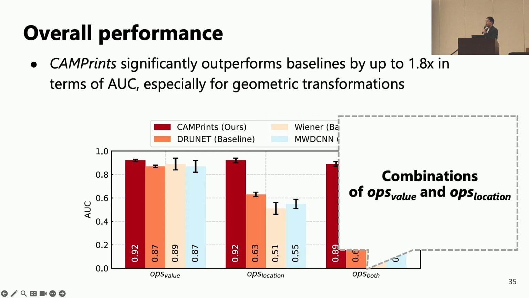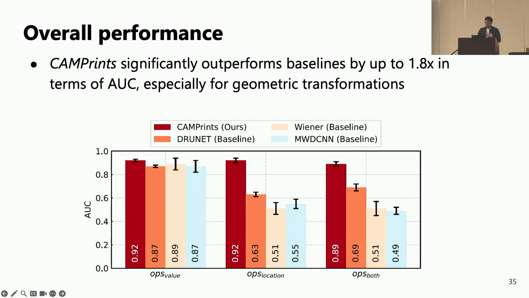And third, a combination of both is used, and we call it ops both. The AUC is used as an evaluation metric on the y-axis. Both CAMPrints and the baseline methods perform well in the case of ops value. CAMPrints shows notably stronger performance in ops location and ops both, significantly outperforming the baselines.